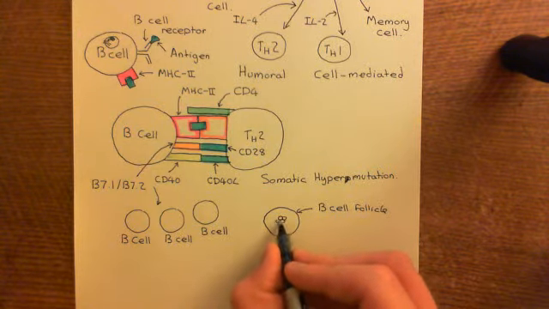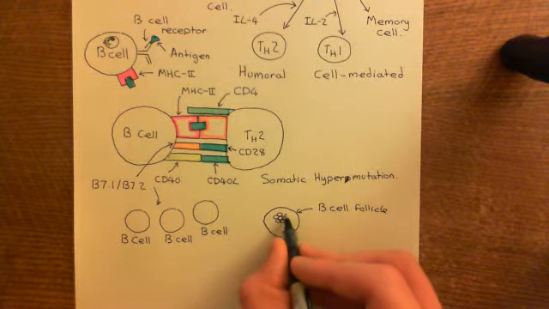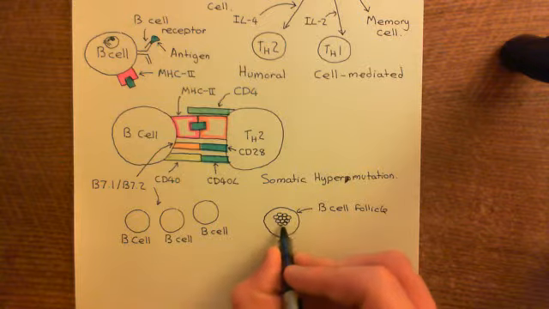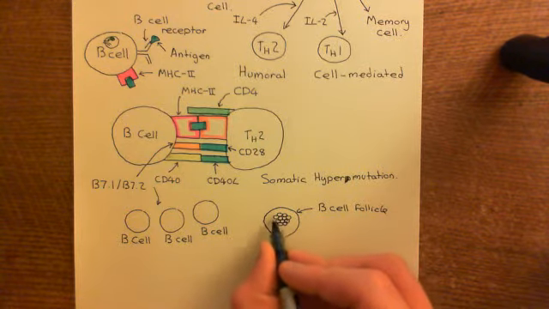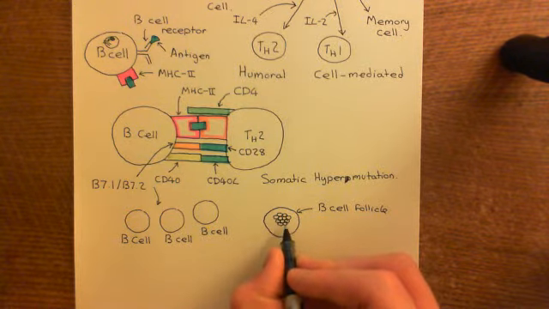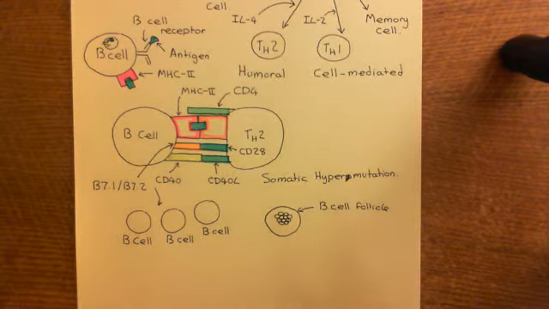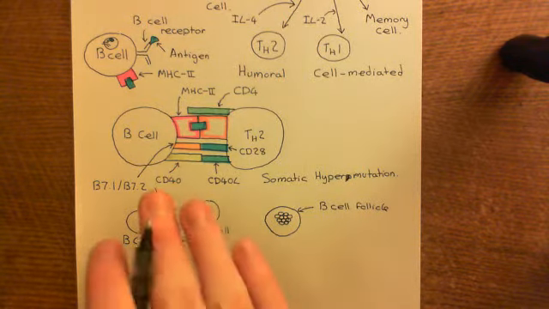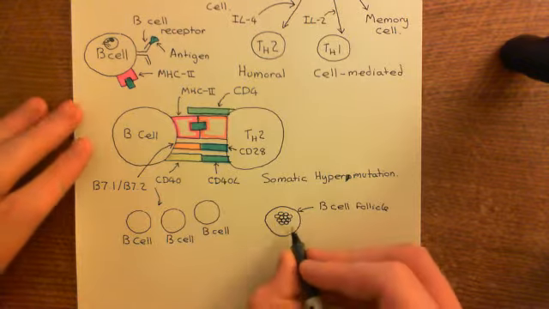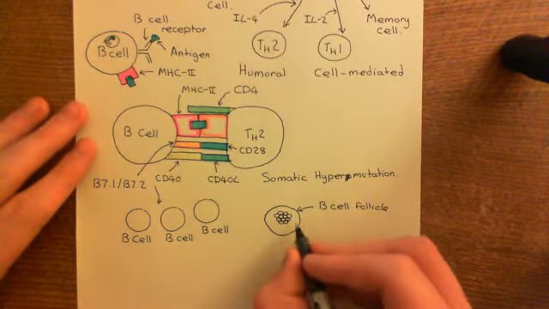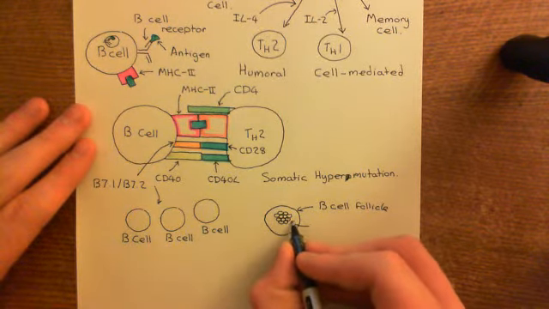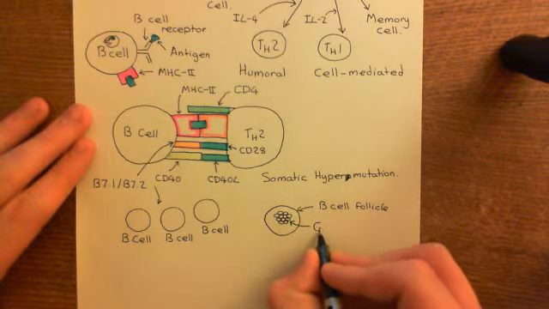These appear slightly different to the resting B cells. So you can see this collection of new cells that are all made from a single B cell that has been activated by this process. And when you look at it down a microscope slide, this is what's known as the germinal center of the B cell follicle.